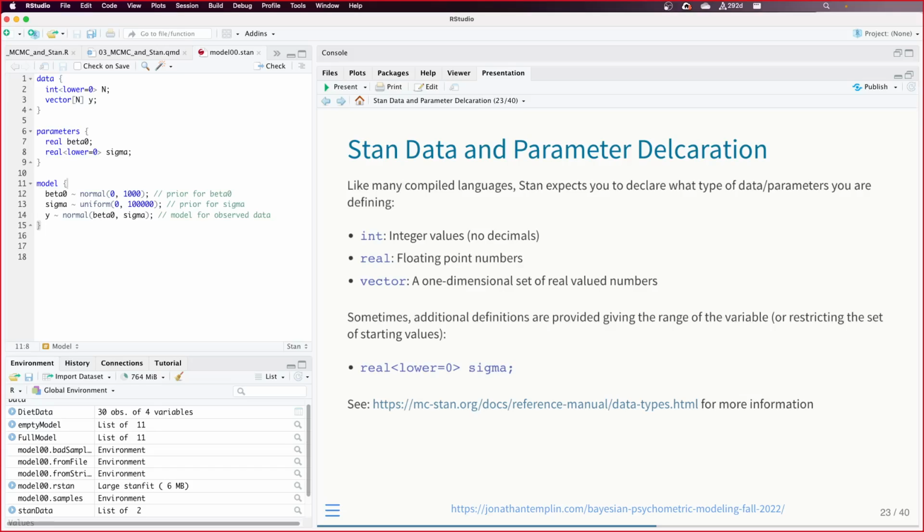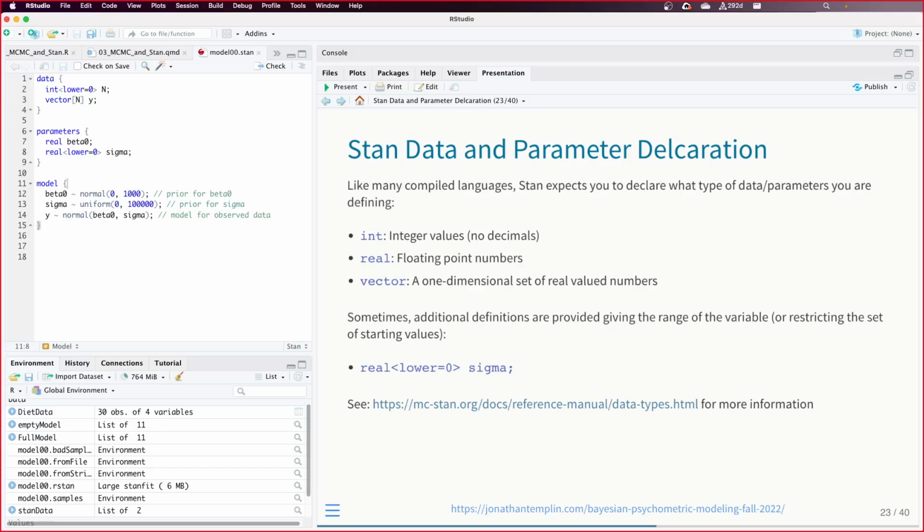Stan functions like a compiled language, meaning when you declare a variable, like either the data coming in or the parameter itself, you have to tell it the type of data it expects. And the type of data means the type of data as the numeric object that's in the computer itself.